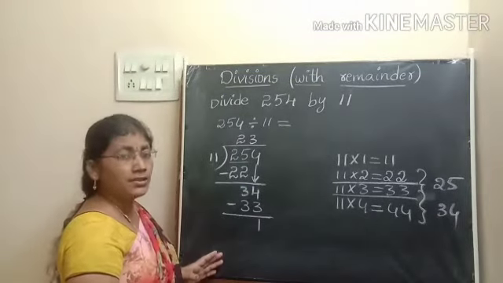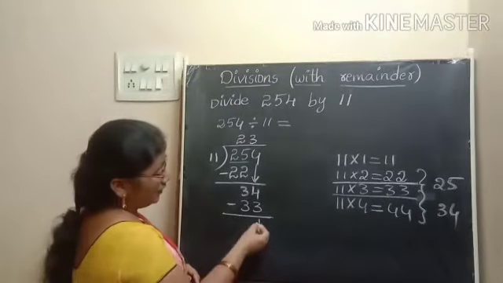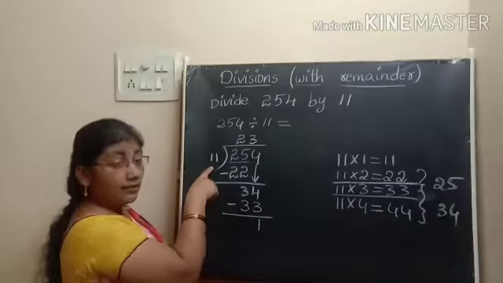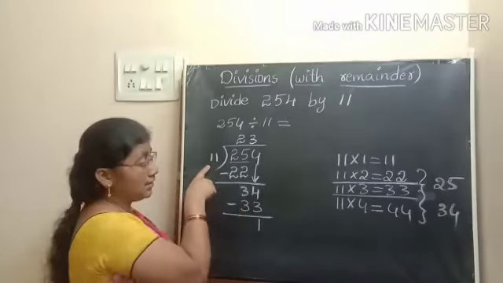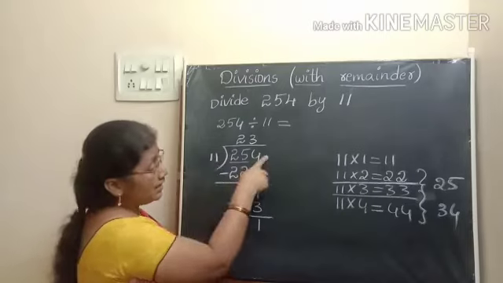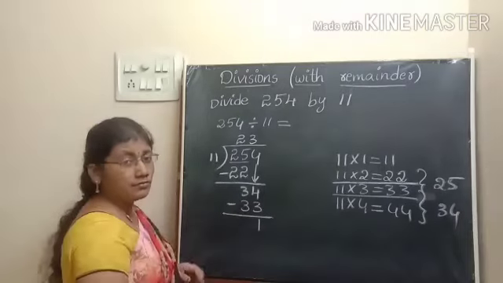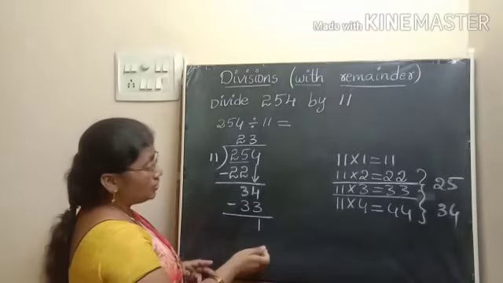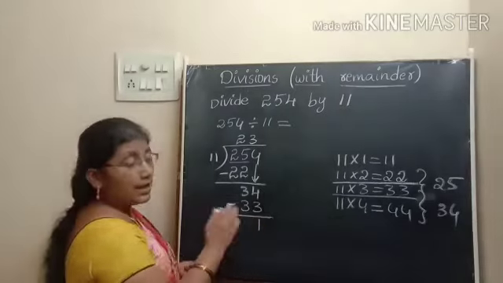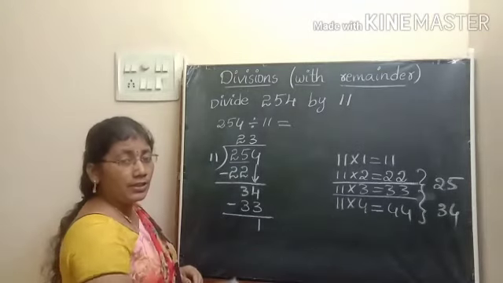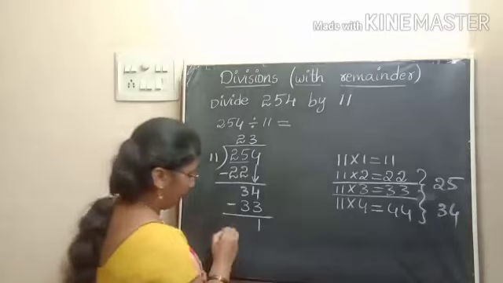No need to write 0. Now, 1 is less than 11. Is there any other digit to bring down? No other digit. So, simply leave it as remainder.